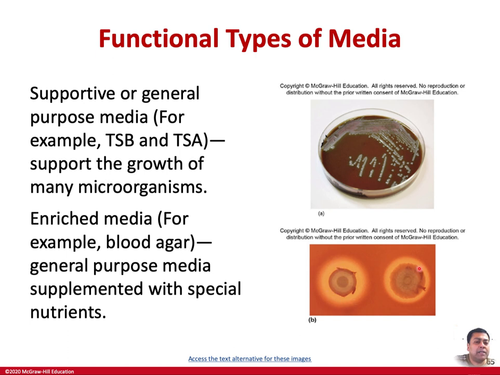So these bacterial colonies produce a particular type of chemical, which we call a hemolysin. Hemolysin means that it can break down the red blood cells or destroy them, and gives a very characteristic growth pattern to identify that. Say, for example, all the staphylococcus produce this hemolysin, so they will produce these zones like this.